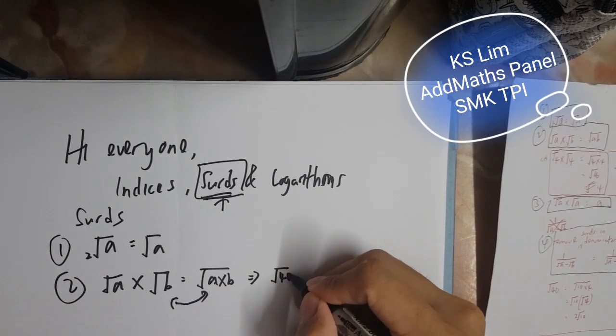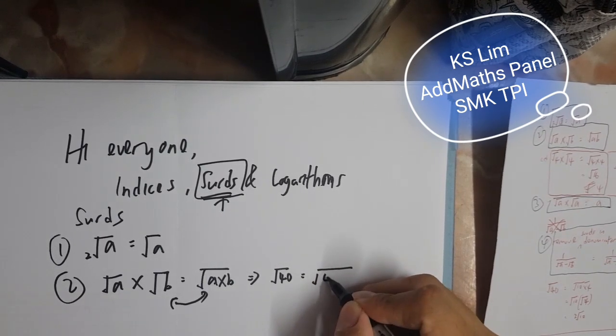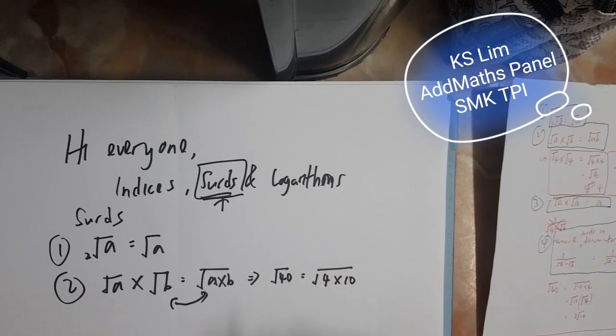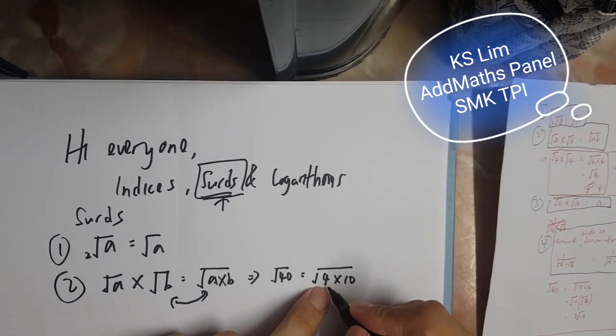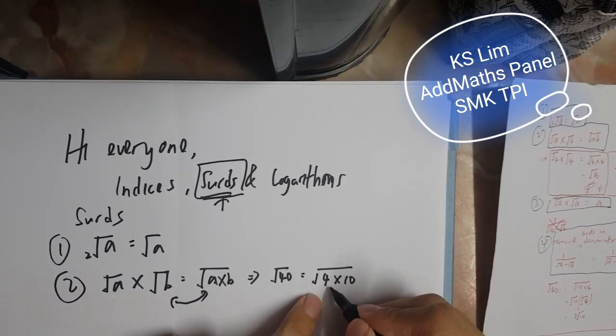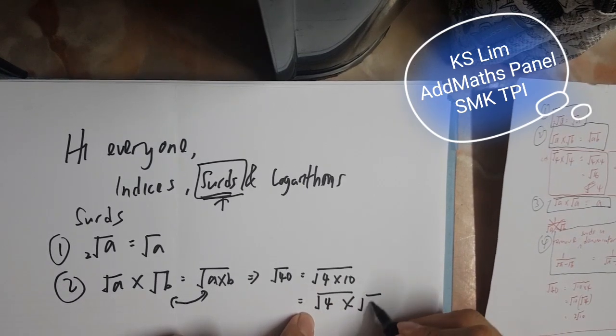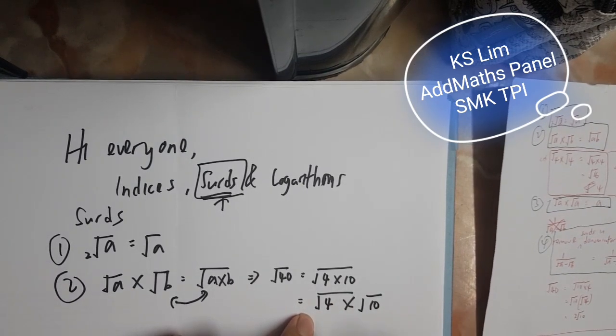Square root 40. I can write square root 40 as square root 4 times 10. Why I put 4? Can 4 be square root? Right? But 10 cannot, is it? So square root 4 multiply square root 10.